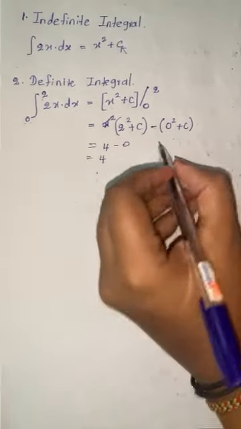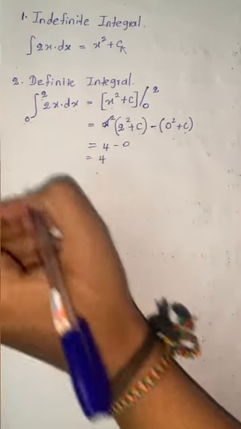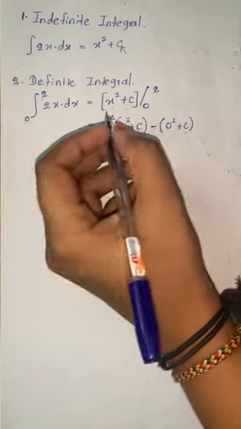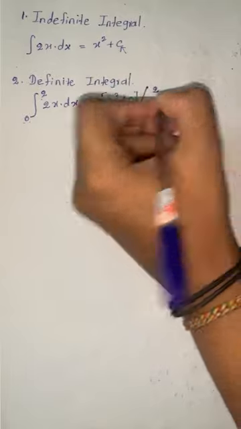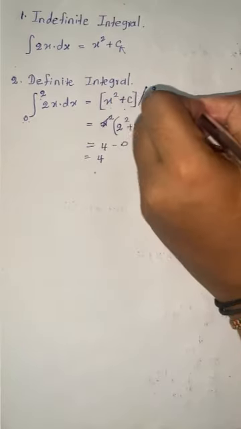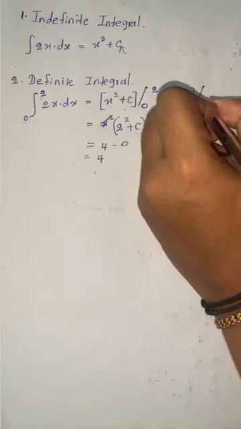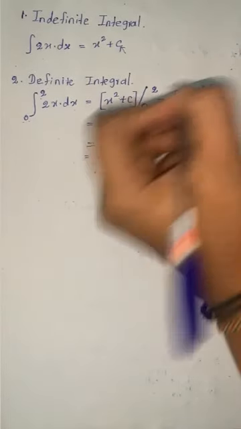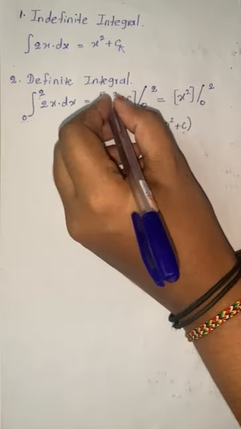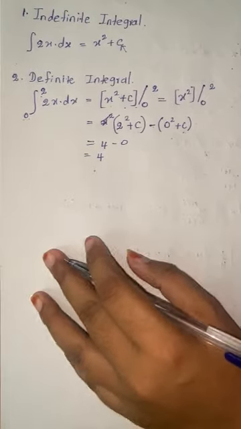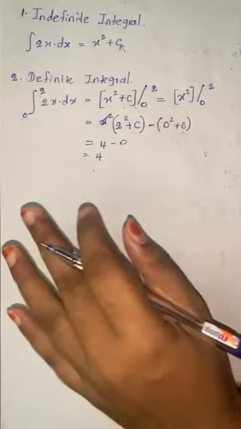So 4 minus 0 is equal to 4. We can also write it without the c, and that is no mistake in definite integration. So we can write this as x to the power 2 from 0 to 2. If we are not getting c's here, we can write without these 2 c's in the substitution.